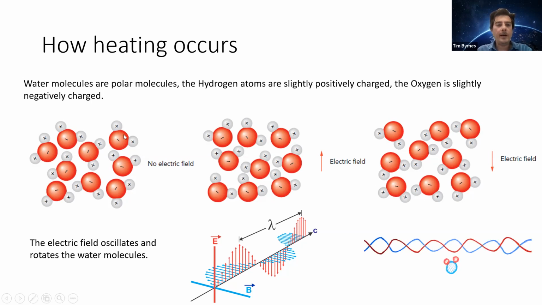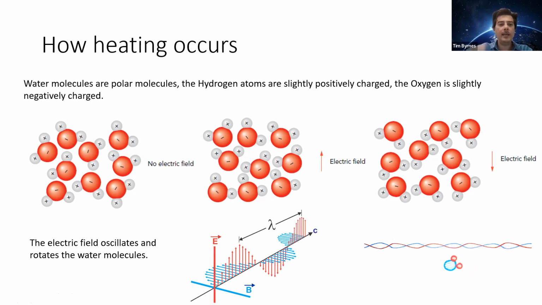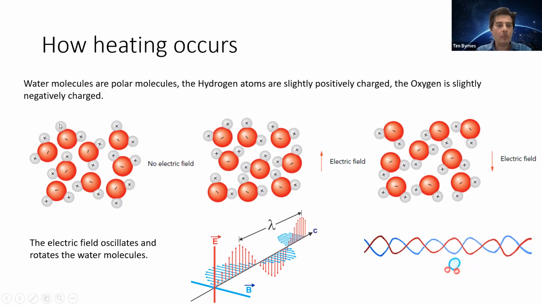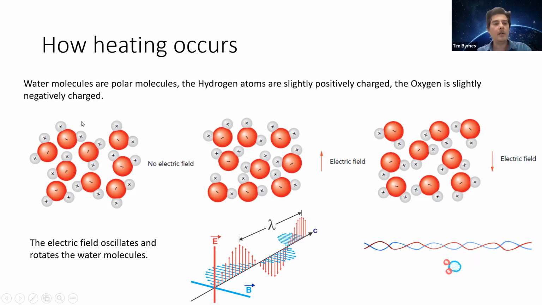And microwaves rotate these water molecules. This works because, just like in an antenna where electromagnetic radiation starts to move the charges inside the antenna around, for the kind of frequencies that microwave radiation uses, this moves the charges of the water molecule.